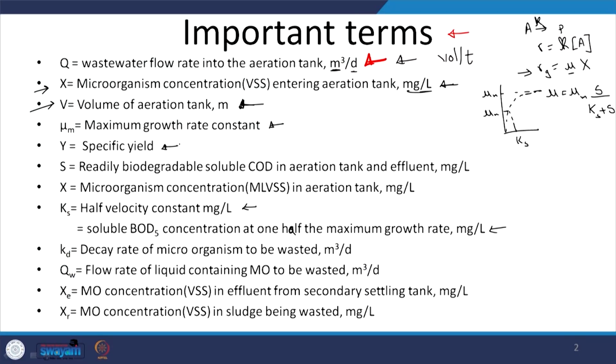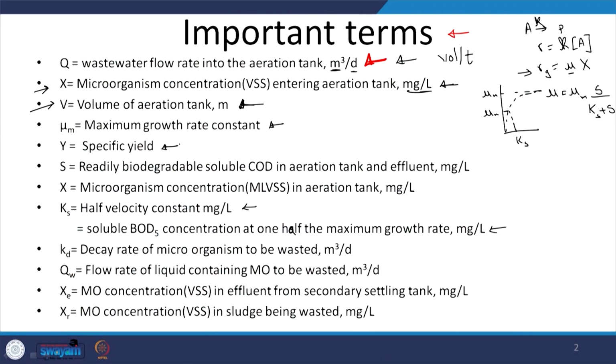So it is the mass of cells produced per mass of substrate consumed, which is obviously not 1, pardon me, less than 1. And the readily biodegradable and soluble COD, rbCOD, is what we are trying to remove or degrade in our particular system. That's the whole point of the design, right?